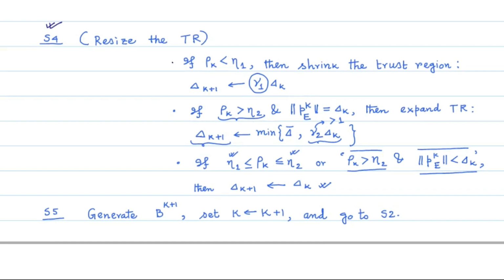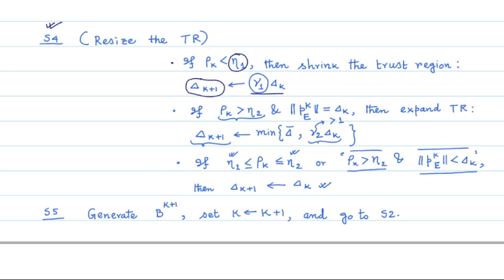If the reduction ratio is less than a threshold, then as we have mentioned, we are very unhappy with the model function as an approximation, so we have to shrink the trust region so that in a smaller region we may expect that the model function m_k can act as a good model. So we shrink the trust region by taking the next trust region radius as a fraction of the previous trust region radius.